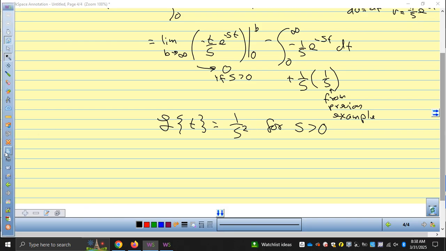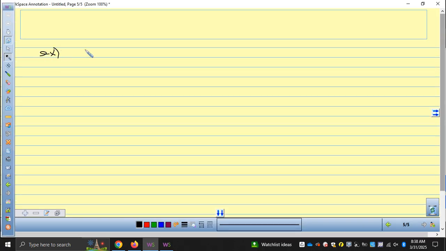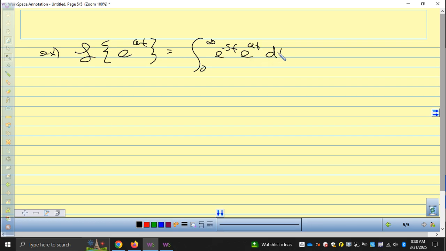Let's look at another one. Laplace transform of e to the at. So that's going to be the integral from 0 to infinity of e to the minus st times e to the at dt, which I'm going to write as the integral from 0 to infinity of e to the a minus s t dt.